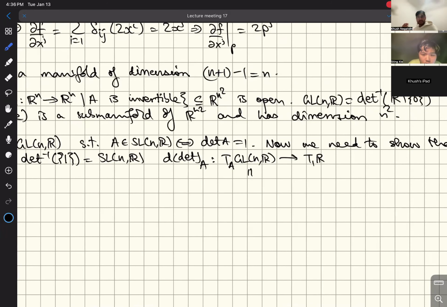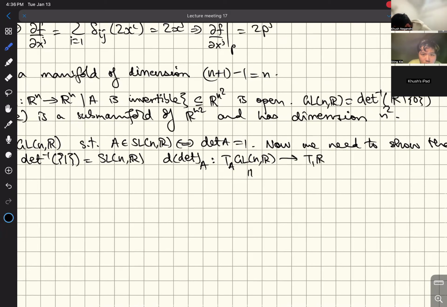Remember, the tangent space of GLnR is just R^(n squared), and the tangent space of R is just R. So you're looking at the derivative of the determinant at some point in SLnR as a map from R^(n squared) into R.